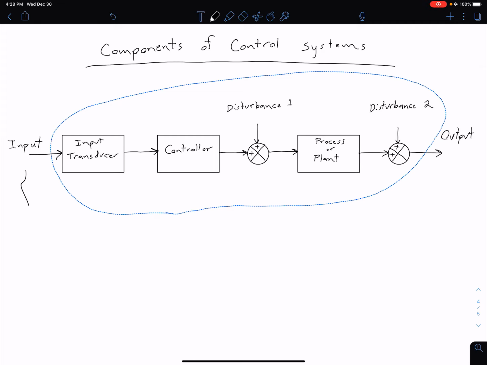Our input is just our controlled input being applied to the system. Sometimes this is called the reference. And our output is just the output of the system, and sometimes this is called our controlled variable.